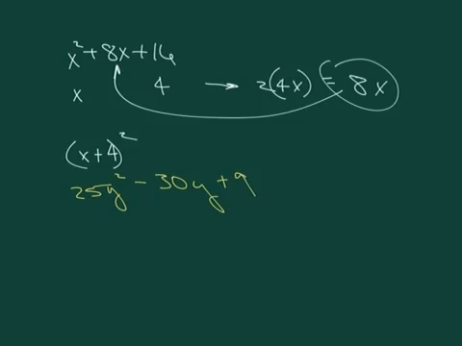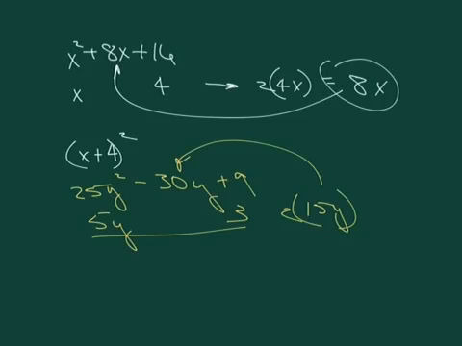Well, let's see if it's doable. Square root of the first term, square root of the second term, multiply them together, double them, and I get 30y. Yes, so that means this is doable. Knowing that it's doable, I make a parenthesis, put a minus sign, square root of the first term, square root of the second term, and square it, and I'm done.